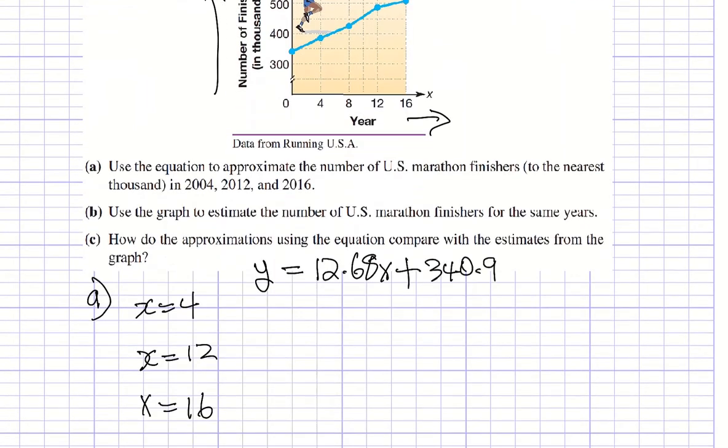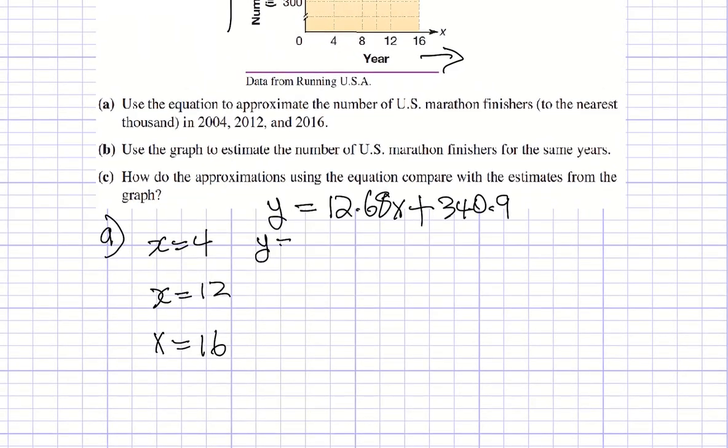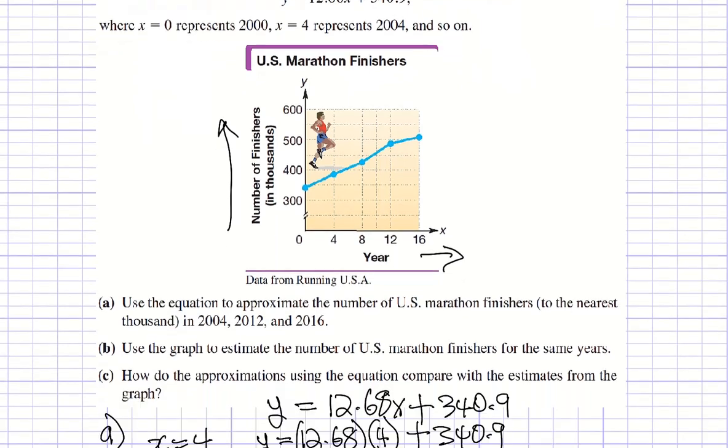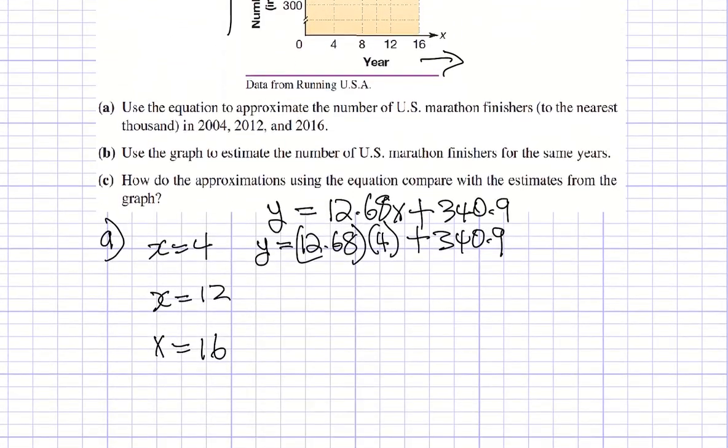For when x equals 4, then y equals 12.68 times 4 plus 340.9. Let me make sure I copied it right. 12.68, 340.9. Okay, so that's what that one would be.